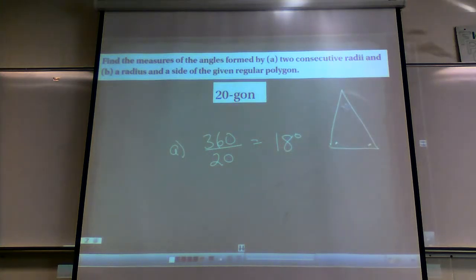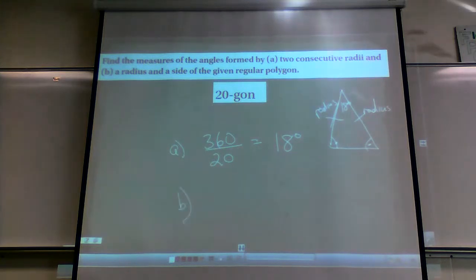Okay, now the other one, B, that would be the thing asking you to find these angles. All right? Understanding that the 2 radii are the same, that's an isosceles triangle, right? This would be a radius. So with this one, I'm just drawing the one triangle outside of all of them, because I'm not going to draw a 20-sided polygon. And just remember, guys, it's isosceles, like I said, those are congruent angles.